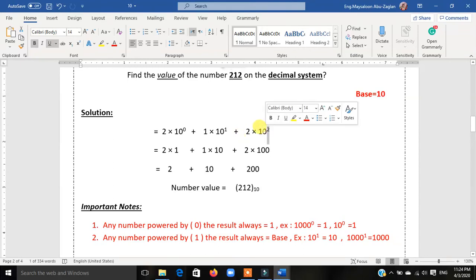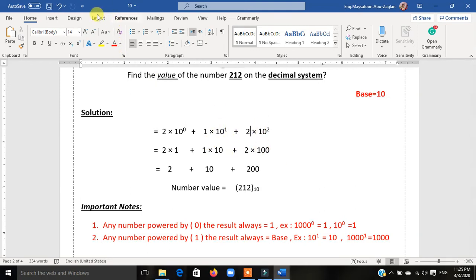Here it will be 2 multiplied by 1, plus 1 multiplied by 10. Why? Because any number powered by 1 gives me the base, whether 10, 100, or whatever number you are using.